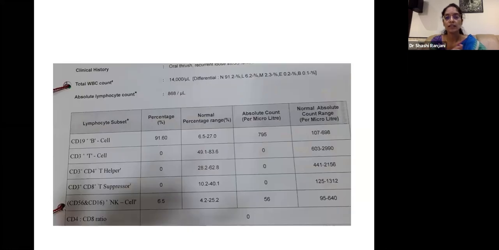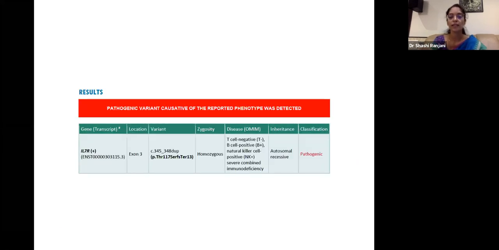So we did the flow cytometry, and as you can see, this is the B cell, which is normal, but the T helper cells, the T cells are actually 0, and the NK cell is positive. So this child is actually a child with severe combined immunodeficiency, a T negative, B positive, and an NK cell positive SCID.